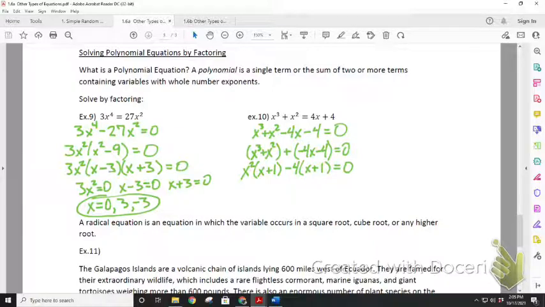My goal in this is to get these 2 to match. And notice they do. I have an x plus 1 and an x plus 1. So that becomes a GCF. Maybe I can color code this.